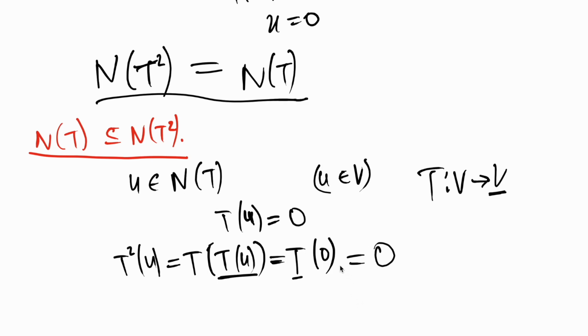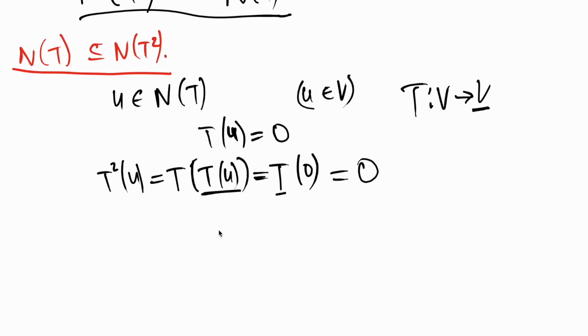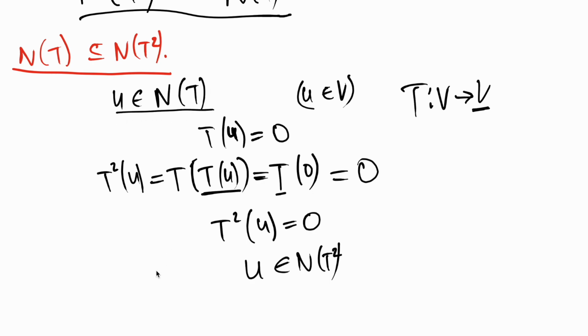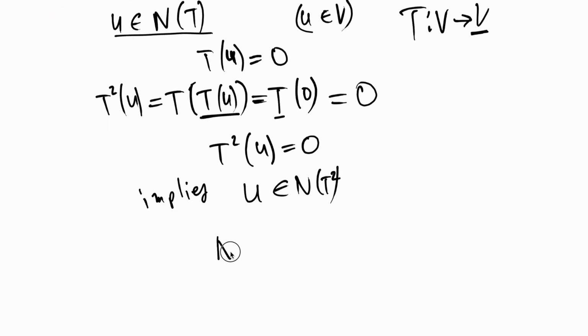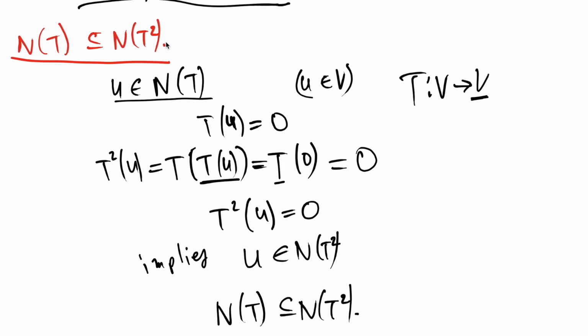Okay, good. So we have T2 of U is equal to 0, which means that U is in the null space of T2. So U being in the null space of T2 implies that U is an element of the null space of NT2. Therefore the null space of T is a subset of the null space of T2. This result has been shown.